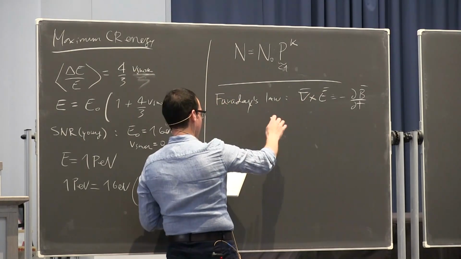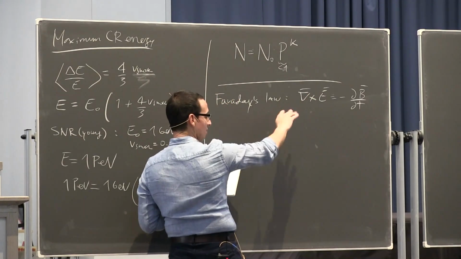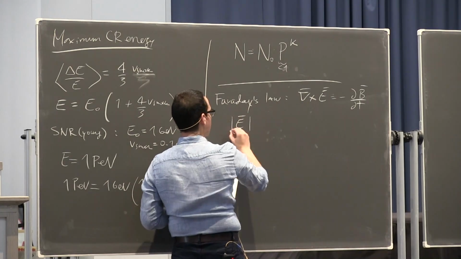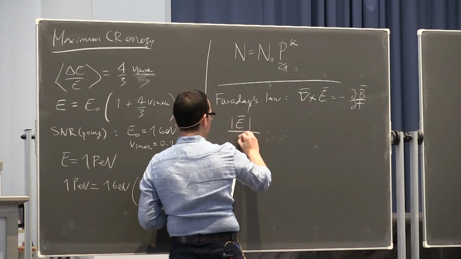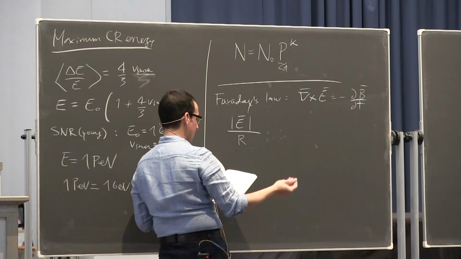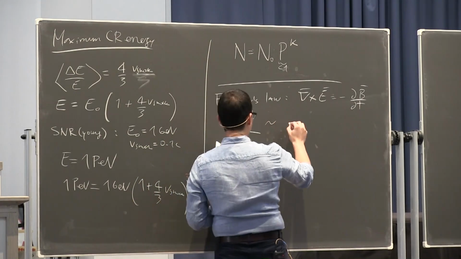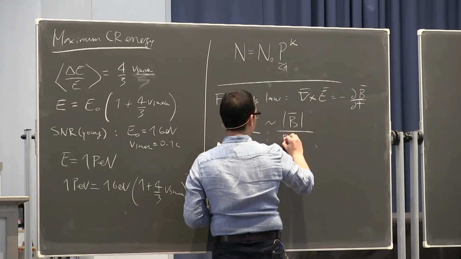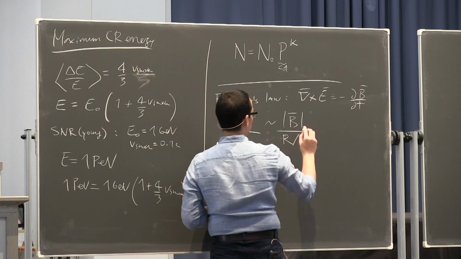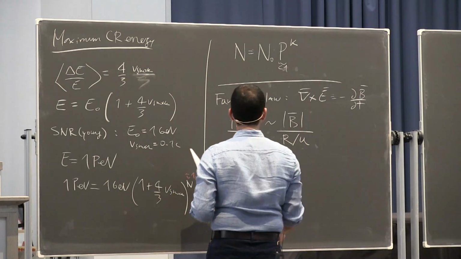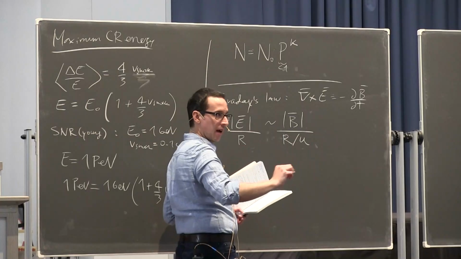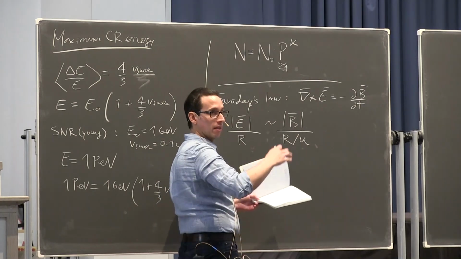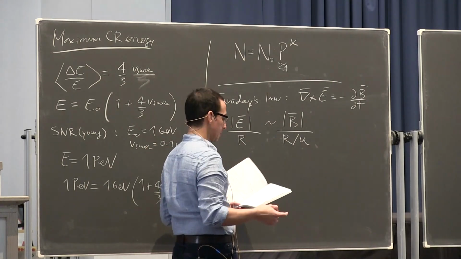So very roughly, what this translates to, if we want to not do derivatives, is that the magnitude of the electric field divided by the size of the region in which the acceleration is happening has to be roughly the magnitude of the magnetic field divided by the typical time scales associated to that region. And remember, this u is the speed with which the shock is moving outwards from the center of the region with respect to the matter that is around it.